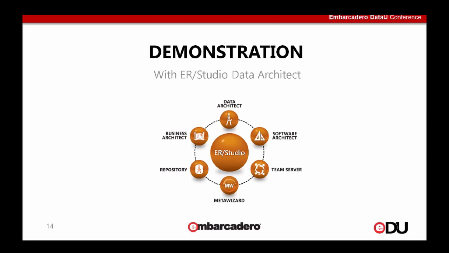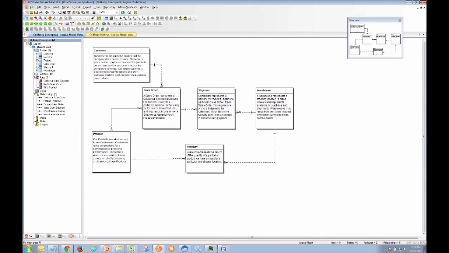So with that, we're going to jump into a demonstration using ER Studio Data Architect as the vehicle. Take a look at how some of these cross-cut concerns can be quickly and easily implemented using automation. All right then, let's jump into Data Architect and take a look at how we get from this high-level conceptual model that we saw before down to something that's implementable and operating.